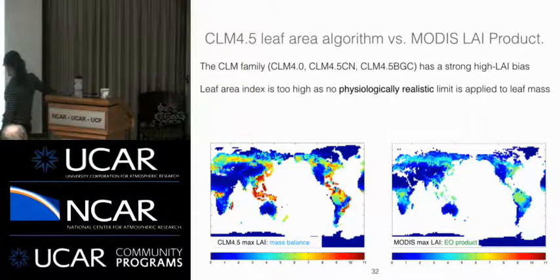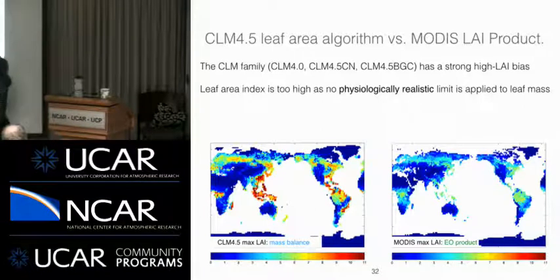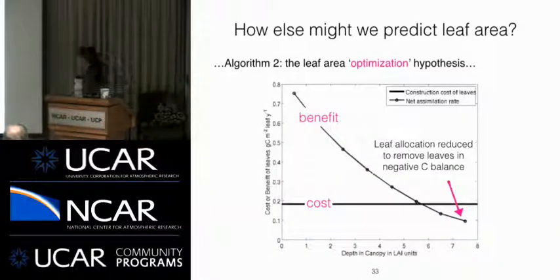The scale goes up to 11, and you can see the observations rarely pass about 6.5, whereas the CLM, at least at this resolution, produces results up to 11. We've had higher ones depending on how we're driving the model. The reason for this is that there's no physiologically realistic limit applied to the leaf mass. So I tried to fix that in the CLM-ED by introducing this hypothesis.